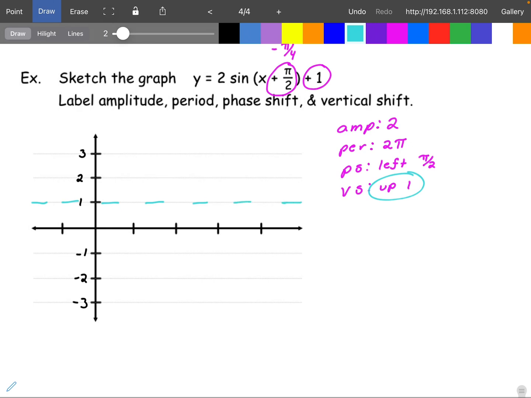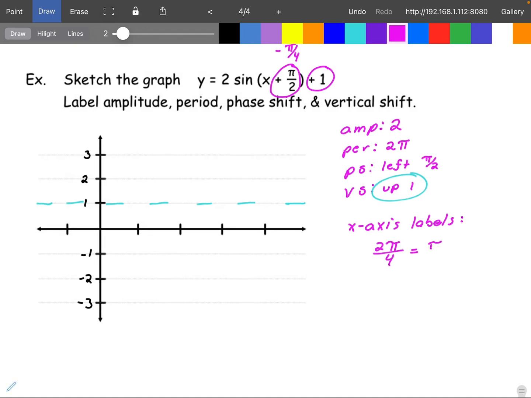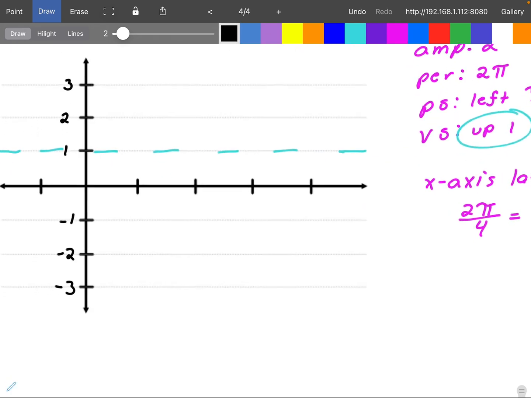Then let's figure out what our period labels need to be. So since our period is the normal 2 pi, that means our axis should be labeled normally, because for my x-axis labels, we take the period, which did not change, we divide it by 4, and then that becomes pi over 2 simplified.